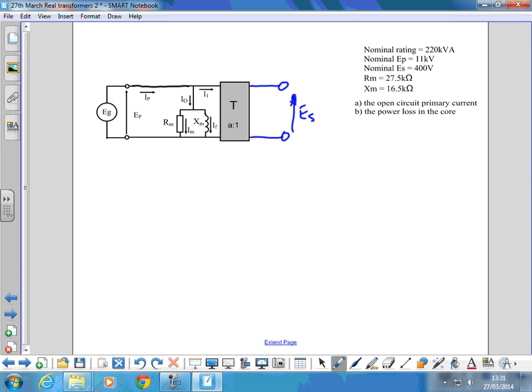So how can we find the open circuit primary current?